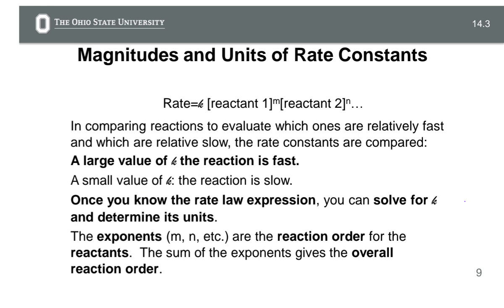Okay. You can solve for K. We just did that. If you know the rate law expression and some other data points. Exponents are the reaction orders with respect to each reactant, and the sum of the exponents is the overall reaction order. All right. Questions on any of that?